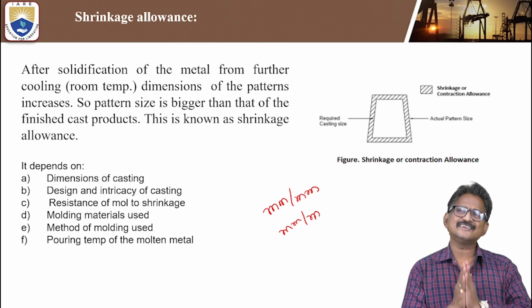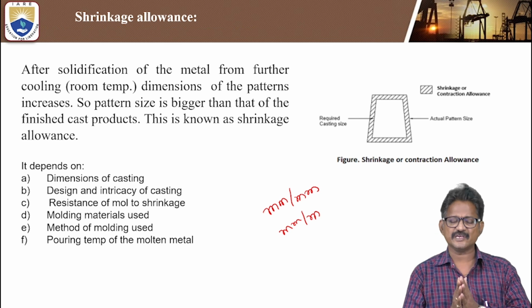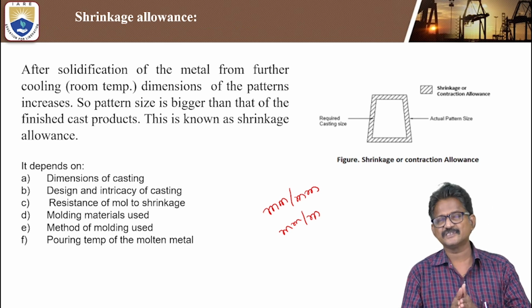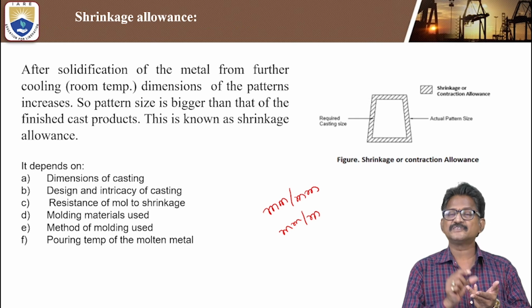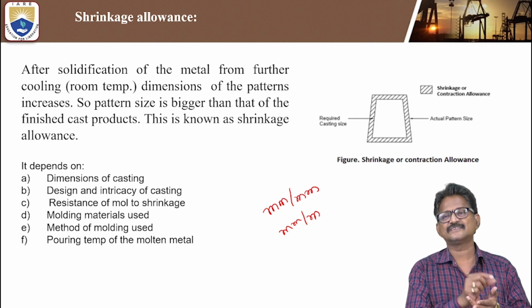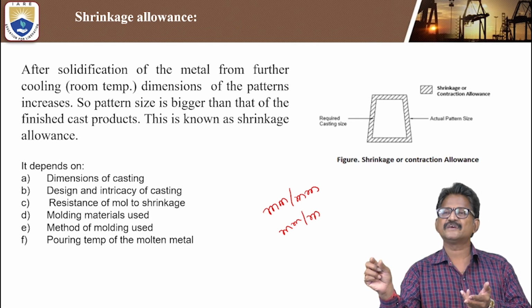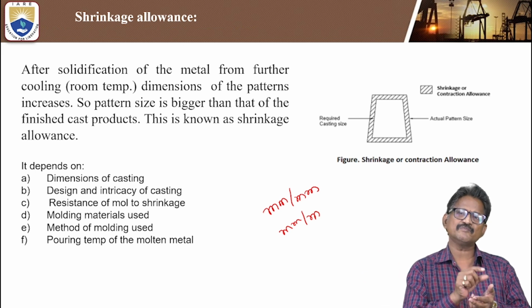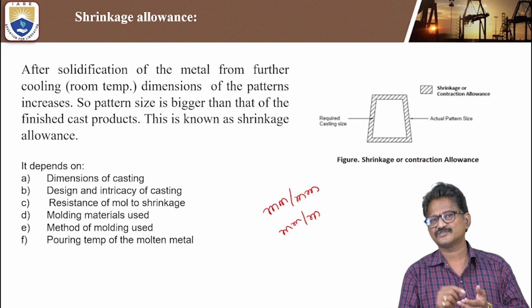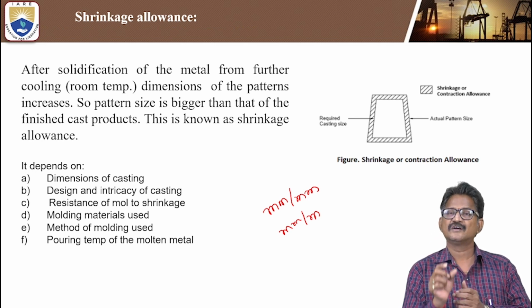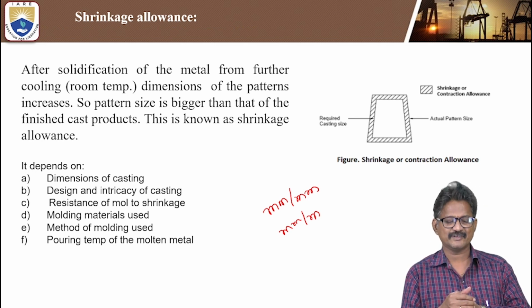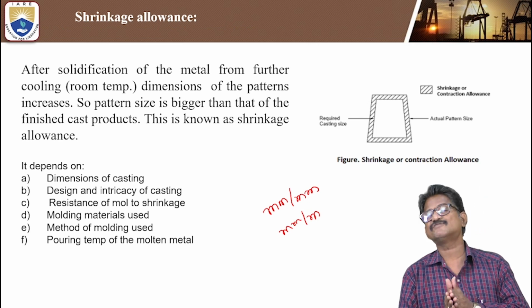So majorly the shrinkage allowance depends upon these important parameters. First, the dimensions of the casting. Depending upon the dimension, if it is a 10 mm size, what shrinkage allowance will be applied? If it is 100 mm, how much shrinkage allowance should be provided? The dimensions also play an important role. Then the design and intricacy of the casting.